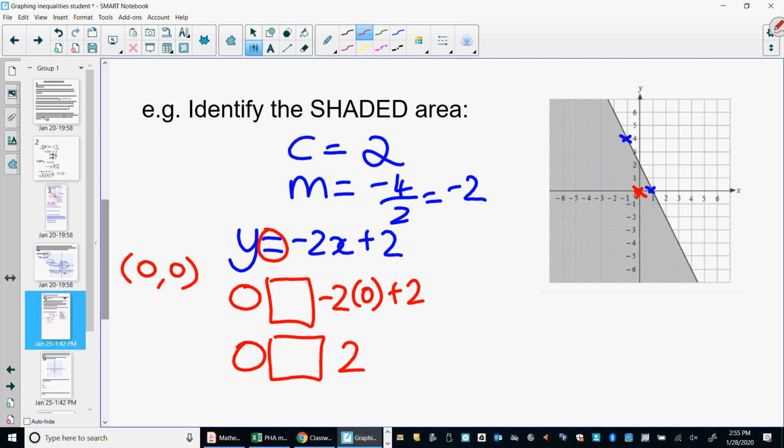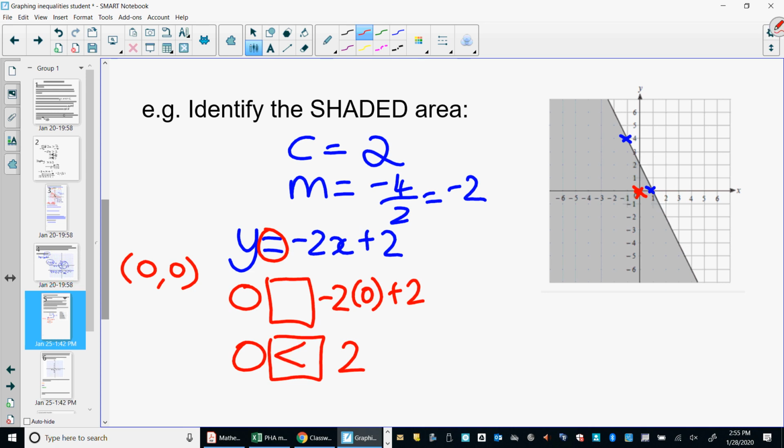Now, is 0 bigger or smaller than 2? See, you were doubting whether you'd be able to work it out. So 0 is less than 2. So I'm going to put the less than sign in.